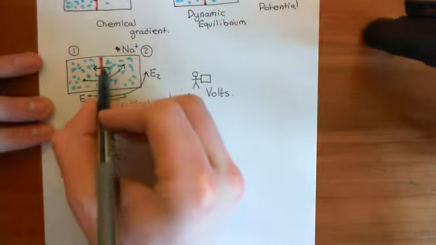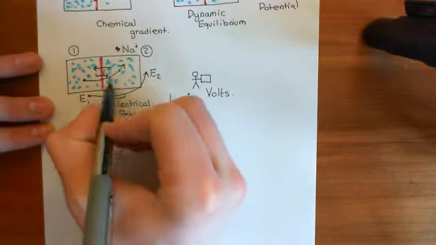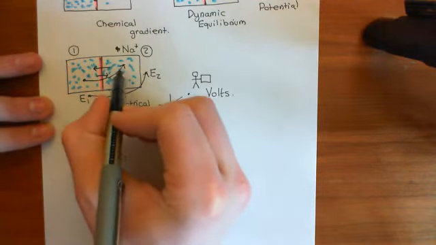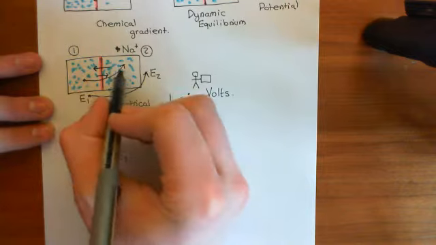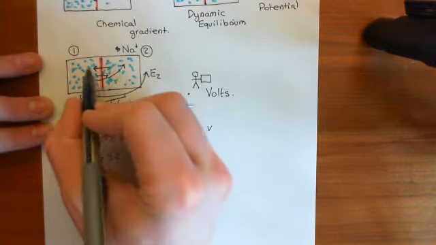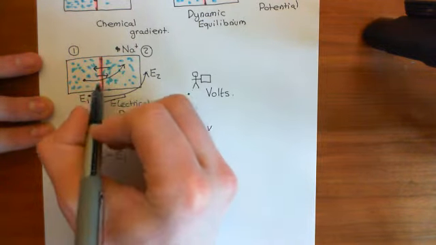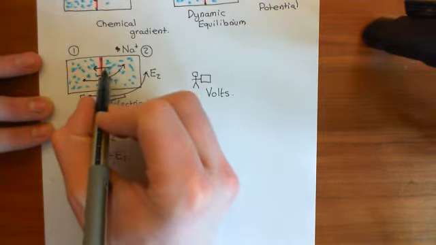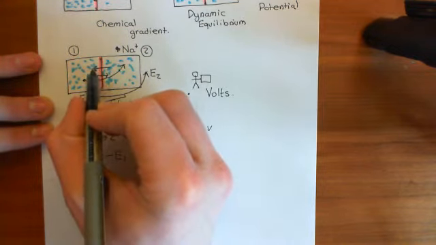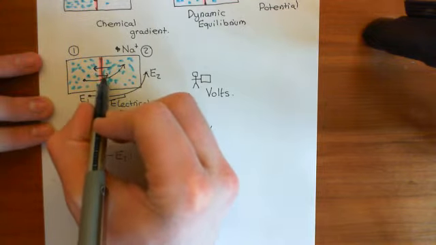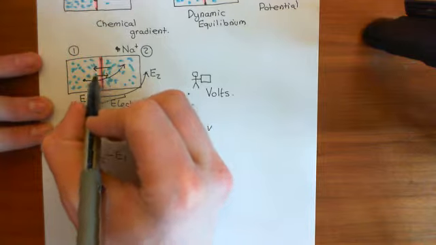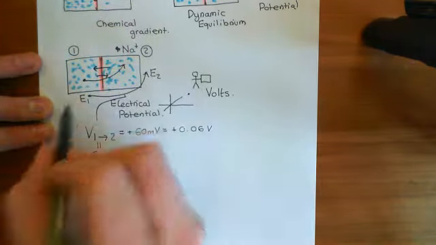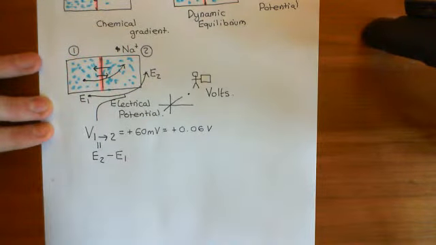In addition, the sodium ions on this side want to get into compartment 1, so they're going to have an increased probability of moving across the cell membrane than if there was no electrical potential difference. So you're going to raise the movement from compartment 2 to compartment 1, and reduce the movement from compartment 1 to compartment 2, compared to if we hadn't got any electrical potential difference across the cell membrane.